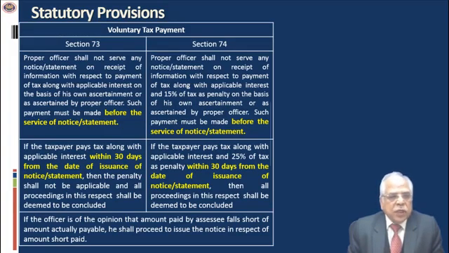No show cause notice shall be issued under Section 73 if tax along with applicable interest on the basis of his own ascertainment has been paid by the assessee.